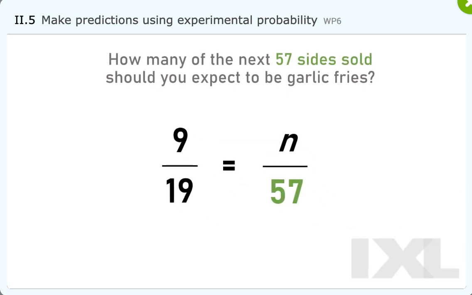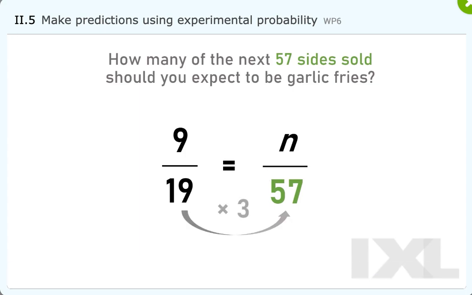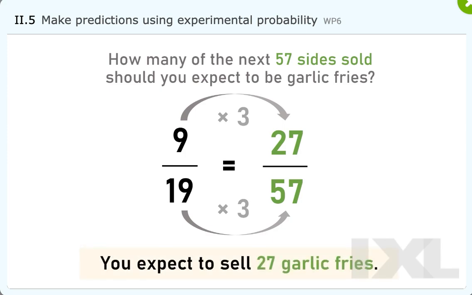To get from a denominator of 19 to a denominator of 57, we have to multiply by 3. When we multiply the denominator by 3, we also want to multiply the numerator by 3. That gives us a fraction of 27 over 57. And we've found that n equals 27. So, of the next 57 sides sold, we expect 27 to be garlic fries.